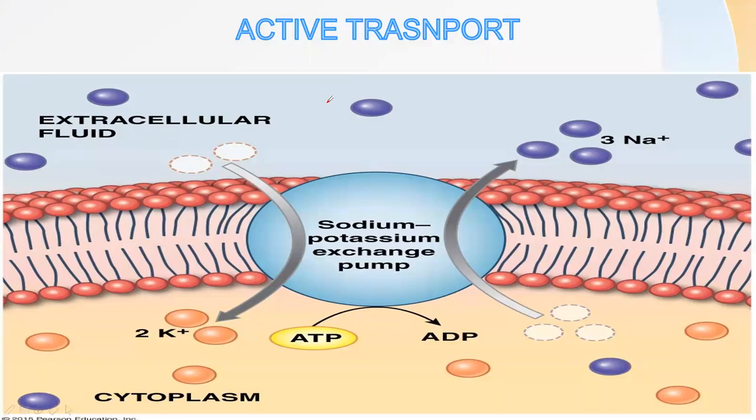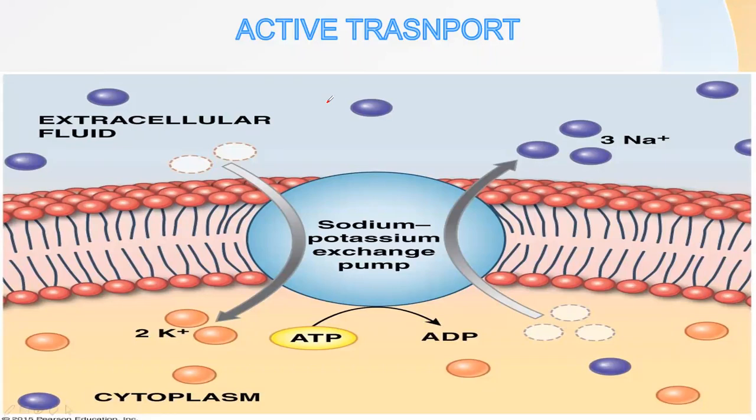Let me give an example. Like I told you earlier, the sodium ions are concentrated on the outside of the plasma membrane and potassium ions are concentrated inside of the cell.